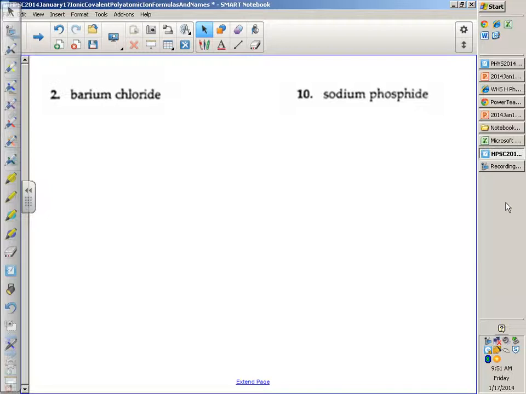Sodium phosphide. Oh, barium is charged there. Yeah. Okay, so then this will be... 7 is what?